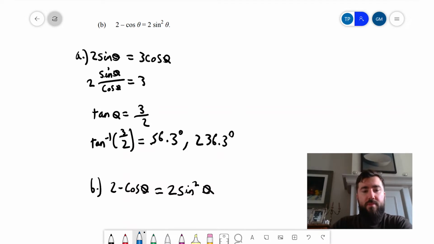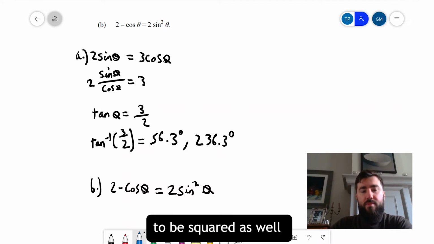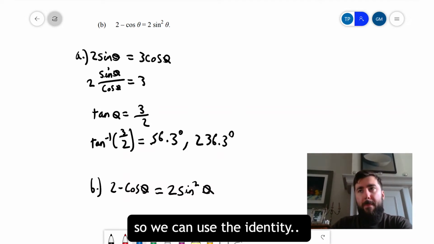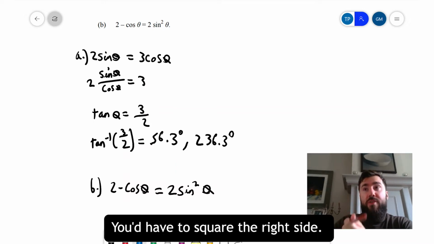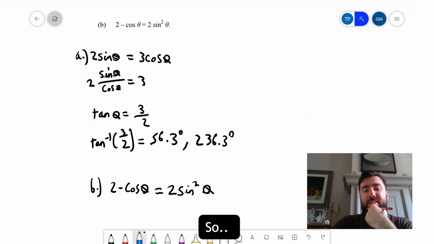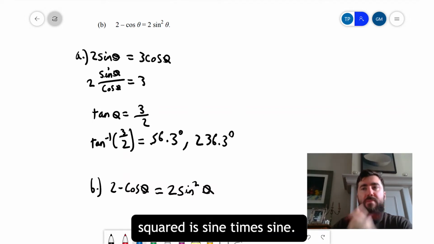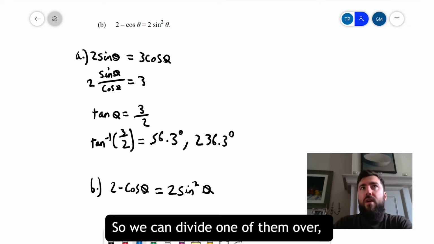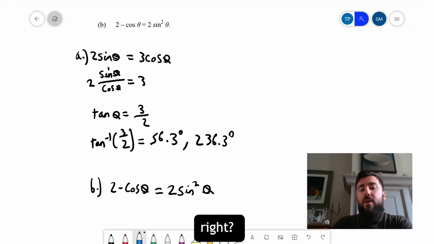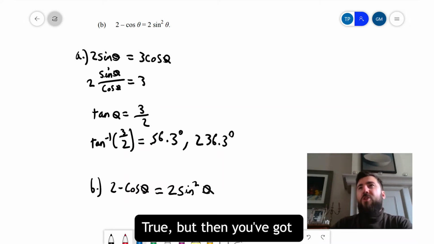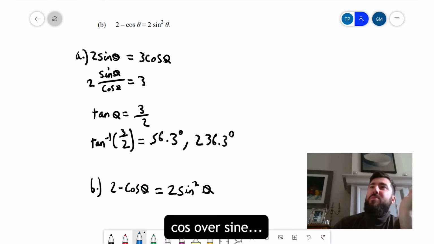Well, we want cos to be squared as well, so that we can use the identity. But if you square the left side, you'd have to square the right side. So I have to think of something else. Essentially, sine squared is sine times sine, so we can divide one of them over.